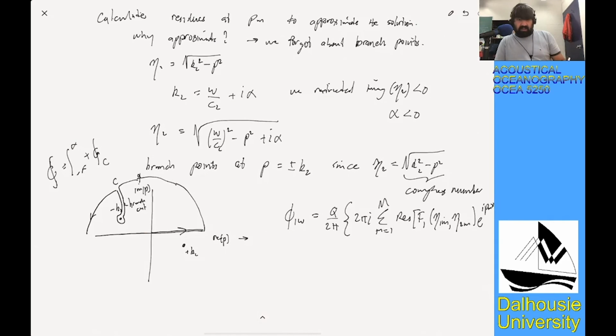That was going to be all of our solution, but now we also have to include the branch cut for completeness.